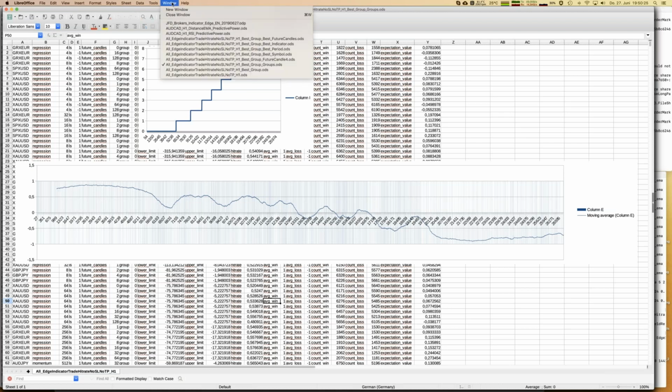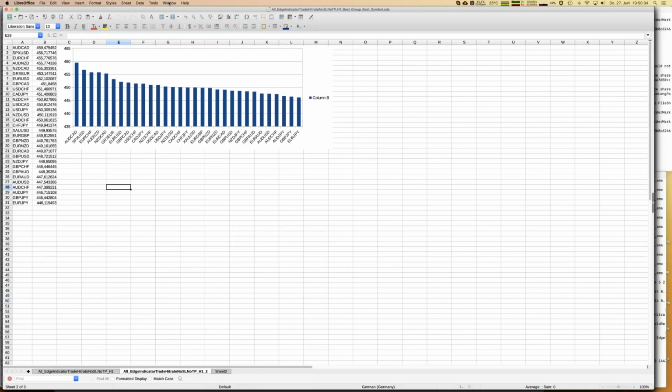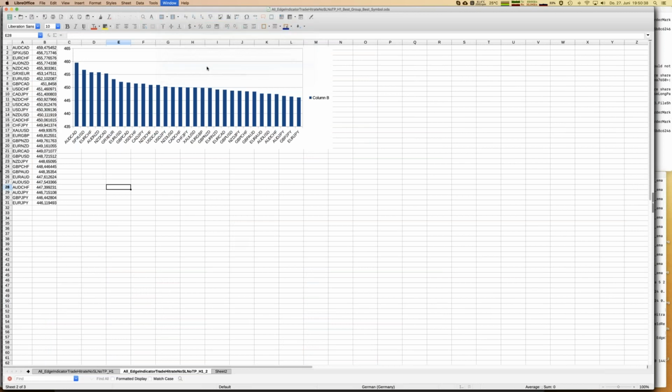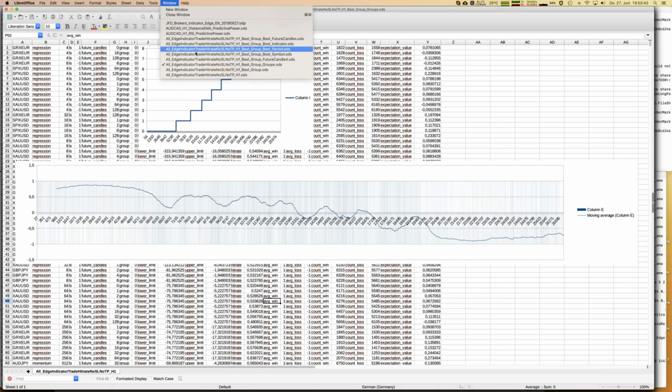Finally, of course, I can go for the best symbol. We have had that. Let me check. Groups. No. Now I have it. Sorry for the small delay.